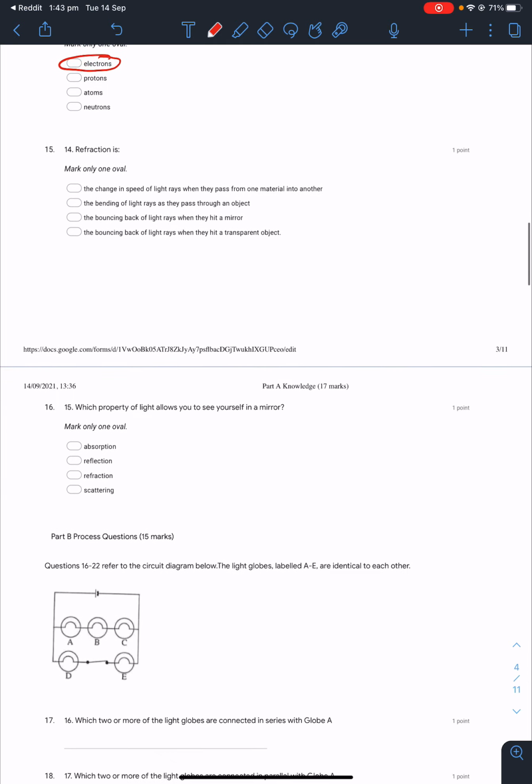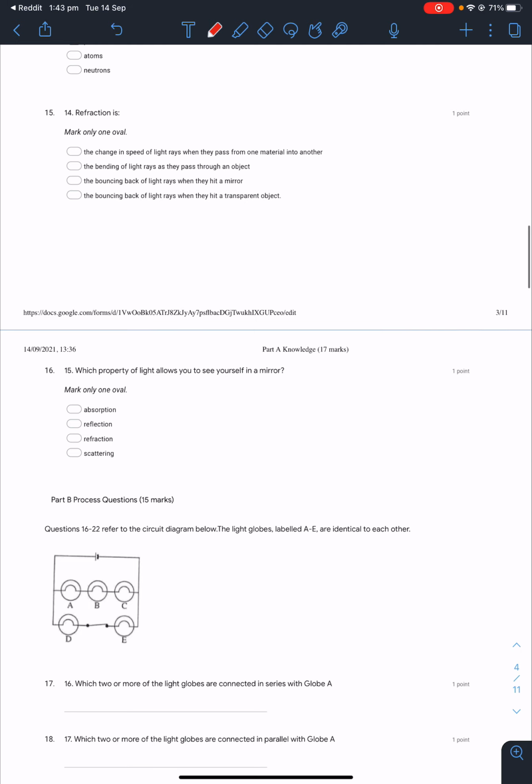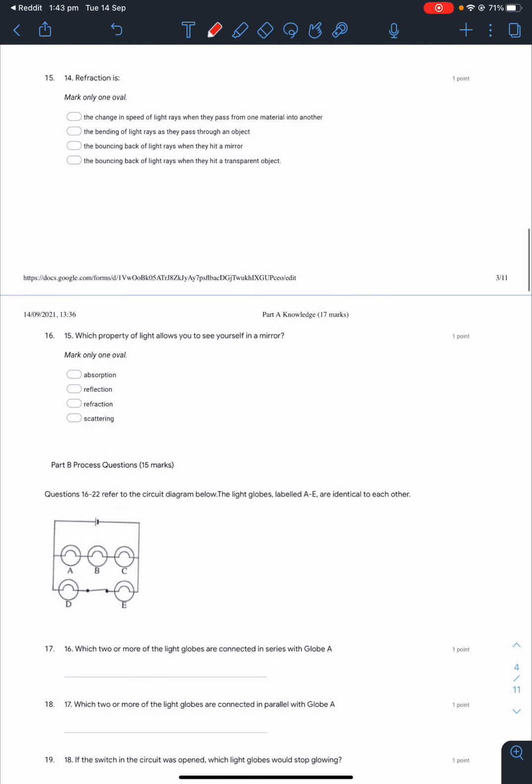And refraction, when it comes to light, remember, refraction is when light travels through different materials, or the fancy word, different mediums, it changes speed. And because of that change of speed and a property of the light, it can change direction. But the changing of the direction is due to the change in speed.